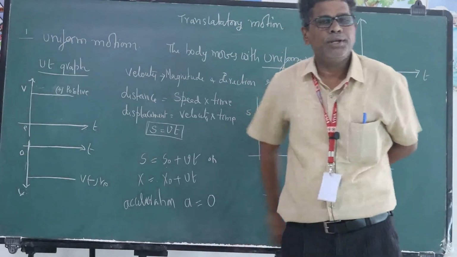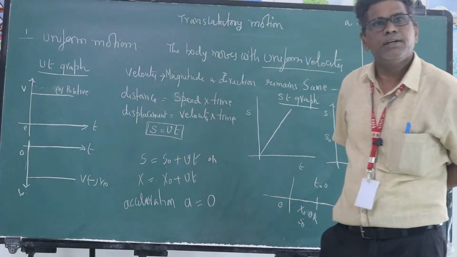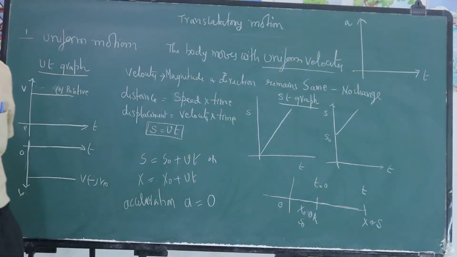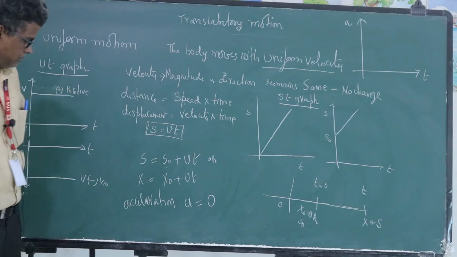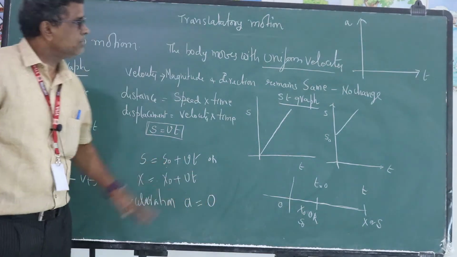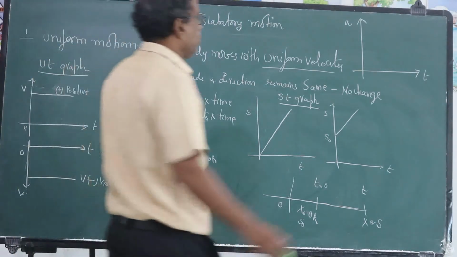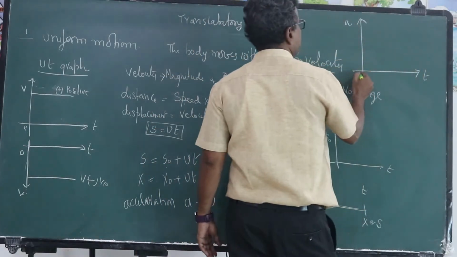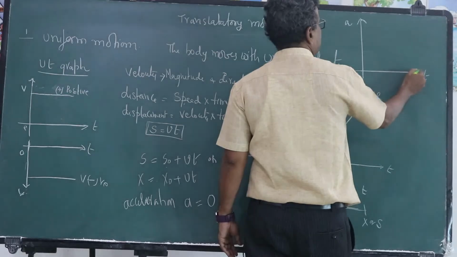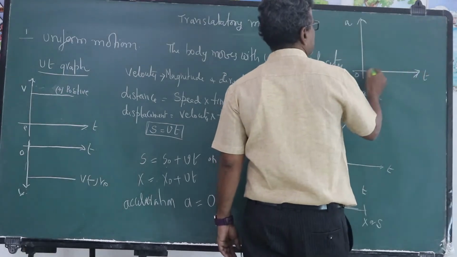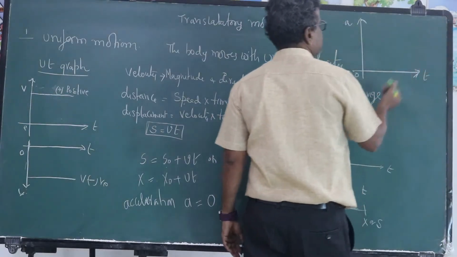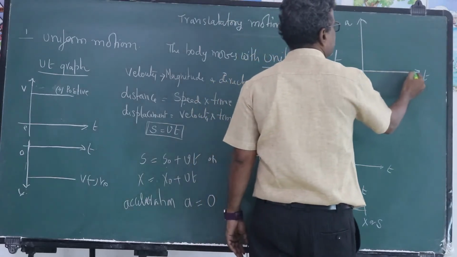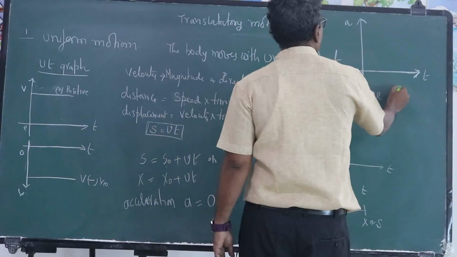When a body moves with uniform velocity, its acceleration is 0. So how do you draw this graph? Acceleration is 0 means the graph will be parallel to the time axis, with acceleration value 0. So the graph will be like this. This graph is called the AT graph.